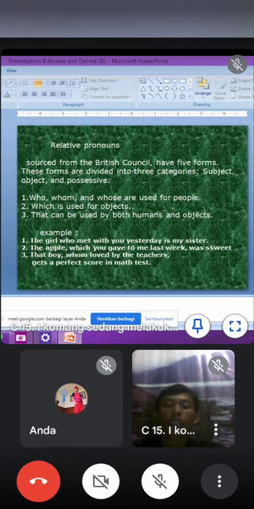Relative pronouns have 3 categories: subject, object, and possessive. Number 1, who, whom, and whose are used for people. The second, which, is used for objects. And the last, that can be used for both humans and objects.